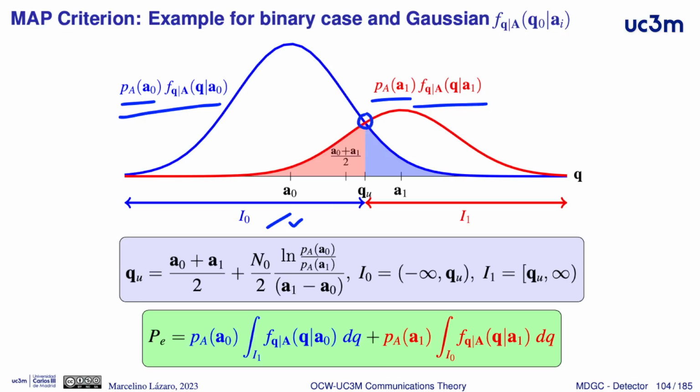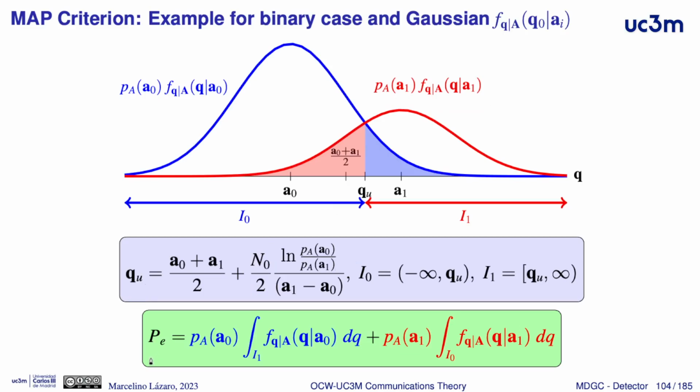The decision regions in this case are defined by a threshold at this point, where the two terms are equal. This is the threshold Q0 that can be computed, and that depends on the probability of A0 and the probability of A1, and also on the noise variance, N0 halves.